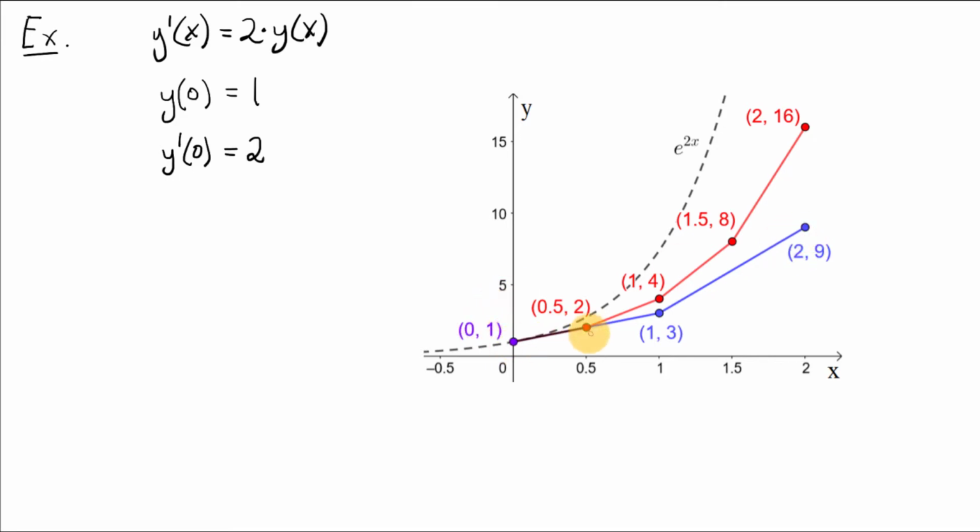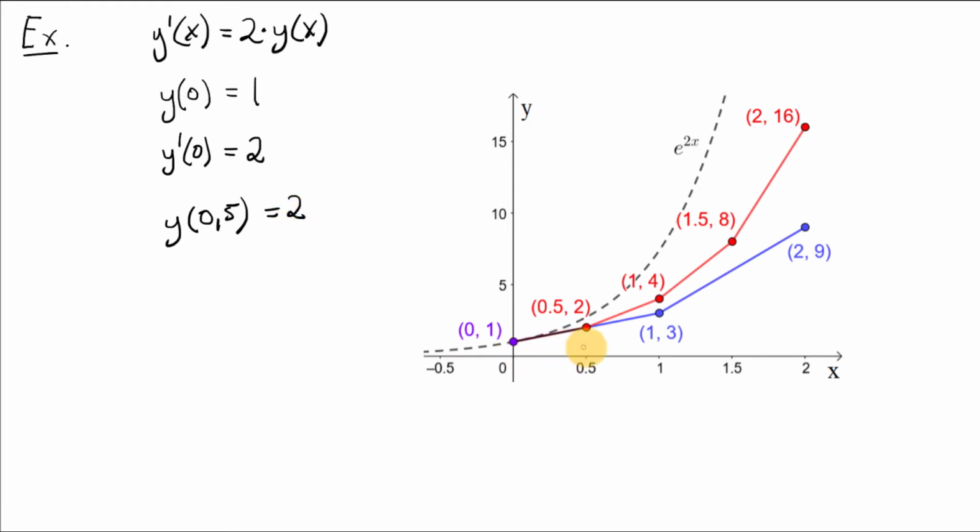But instead of going a step of 1, we could also go in step of a half. So if we continue in steps of a half, that means after half a step, and if we start with this slope, 2, we should go up 1 from this, so we should end at 2.